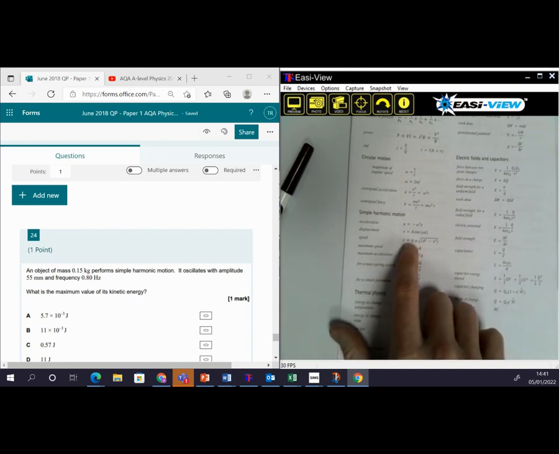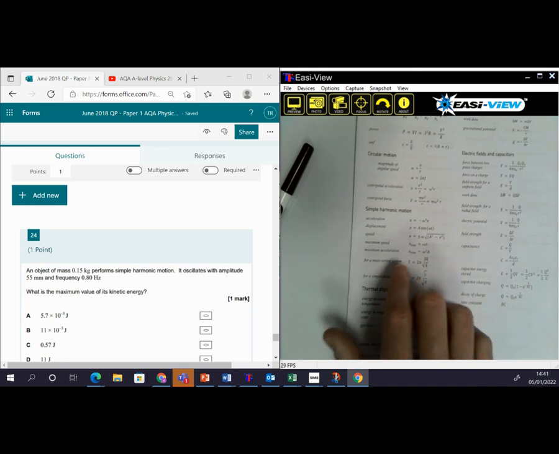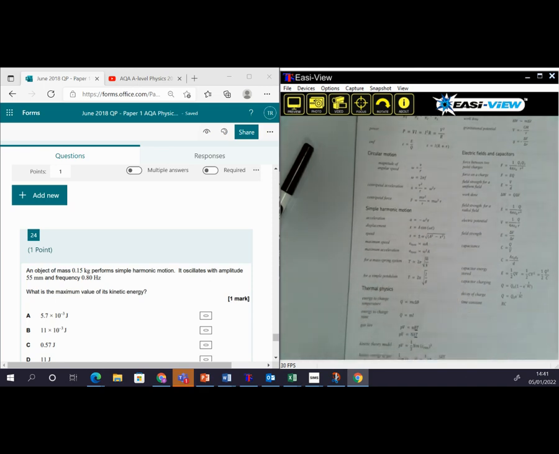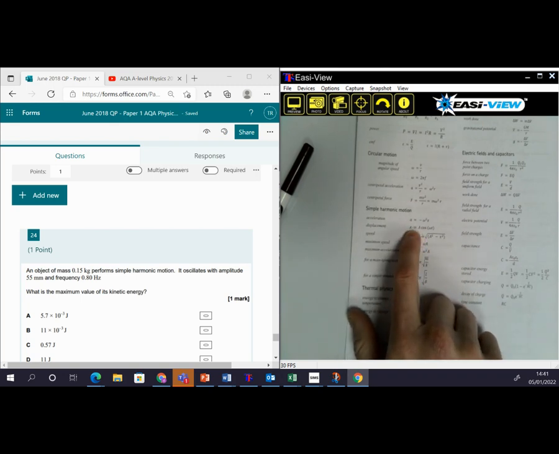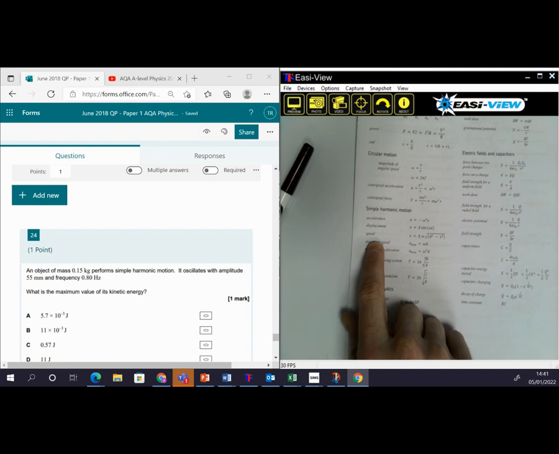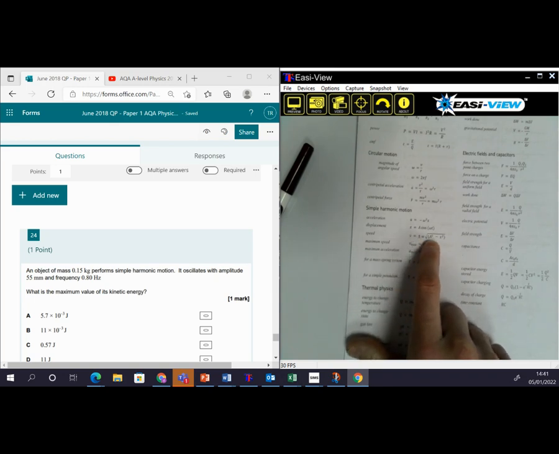But you are given quite a lot of this information within the data and formula booklet, and the expectation is that you will use this to help you quickly get to answers rather than having to do everything from first principles. So we've got the displacement, x is A cos omega t, and we're told that the speed of an object moving with SHM is v equals plus or minus omega times the square root of A squared minus x squared, the relationship between the amplitude and the position x.